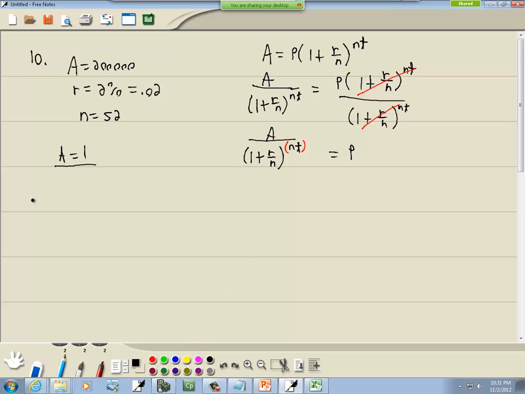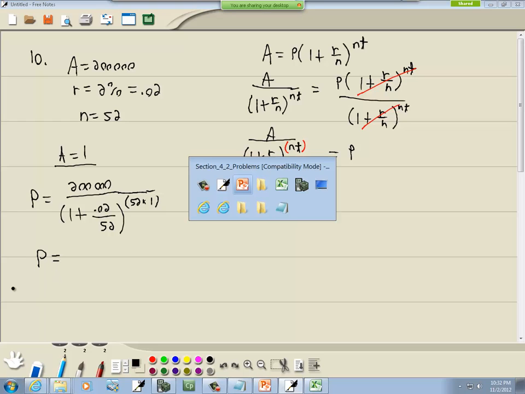Okay, so for our first one here, A was 200,000 divided by 1 plus R, which is 0.02, divided by N, which is 52, raised to the, and I'll put parentheses around the exponent here, NT, so 52 times 1. And let's see what this gives us.